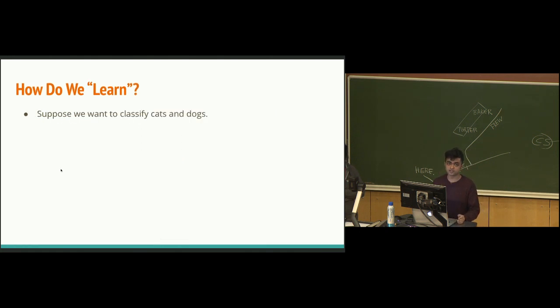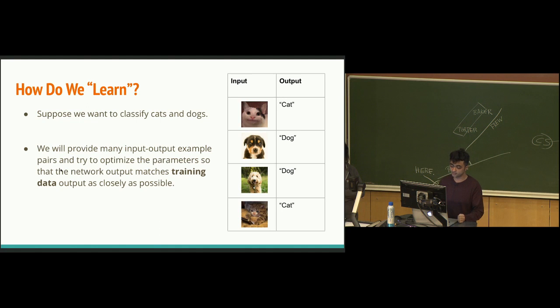So again, I'll return back to the example of suppose we want to classify cats and dogs. How we do that is basically by providing many different input and output pairs. These are the so-called training examples. We give these training examples, and we nudge the parameters in one particular direction so that the network represents that function.